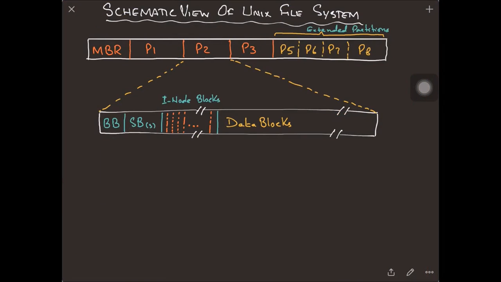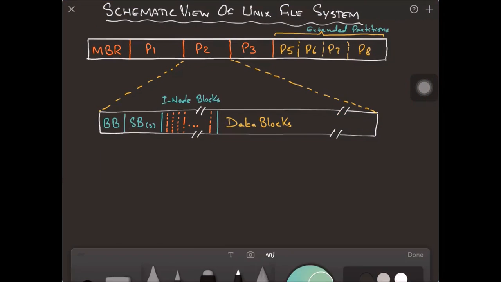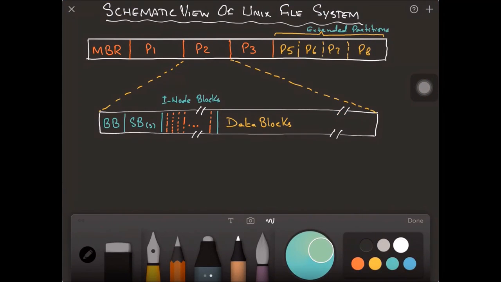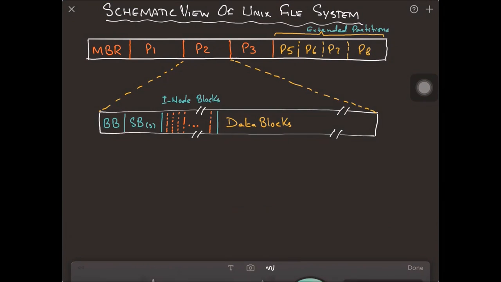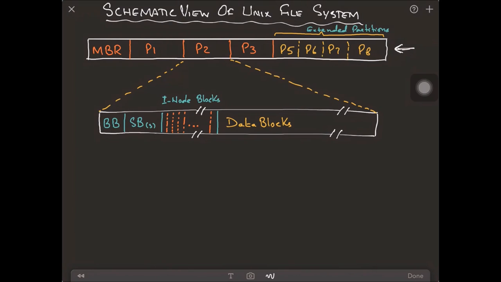Right, gentlemen, this is the schematic view of the UNIX file system. We have discussed this view in the disk partitioning lecture as well; I will just brush up a little. This is the linear view of a hard disk with the MBR partitioning scheme placed at sector 0.